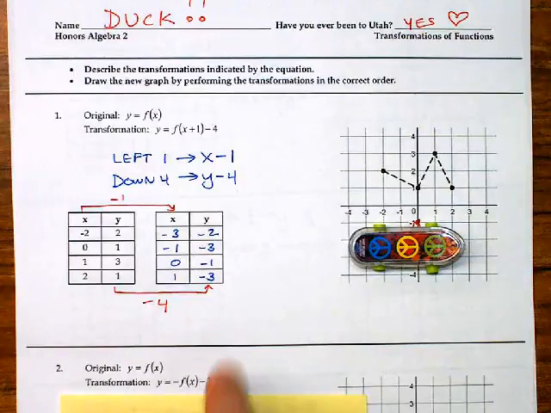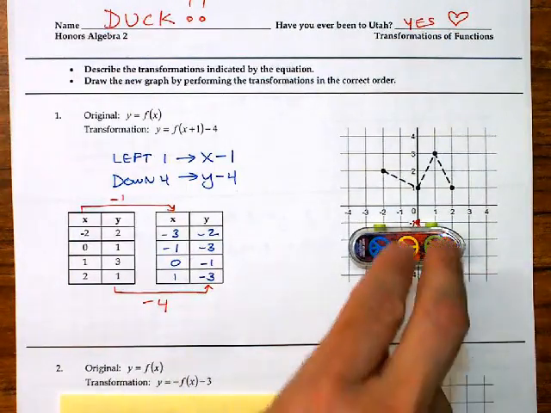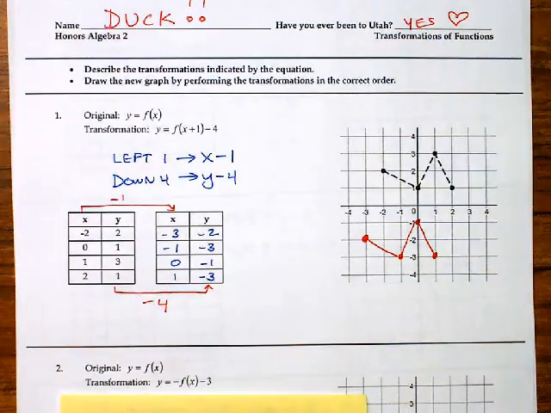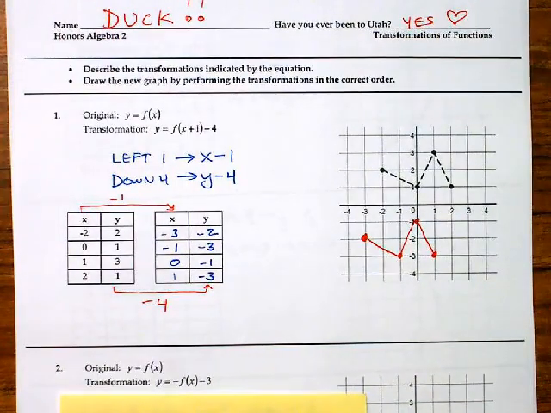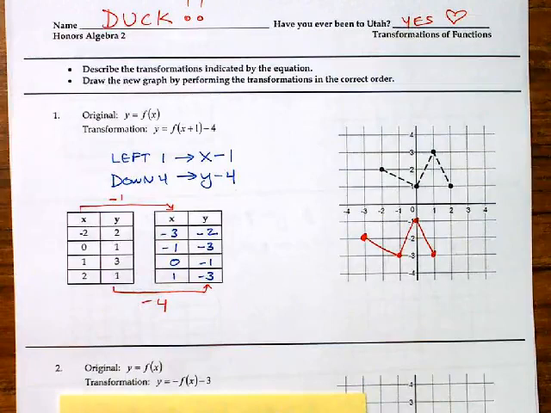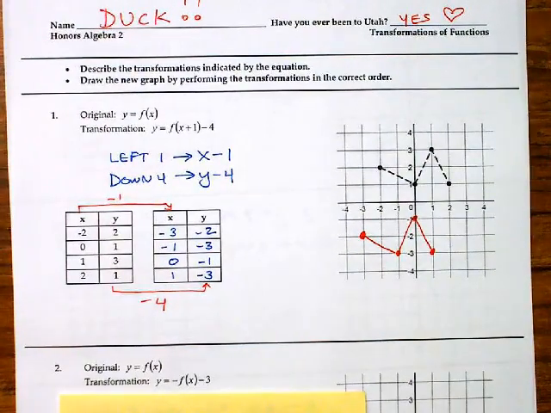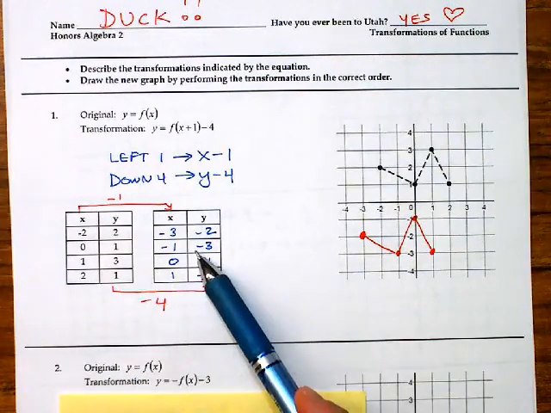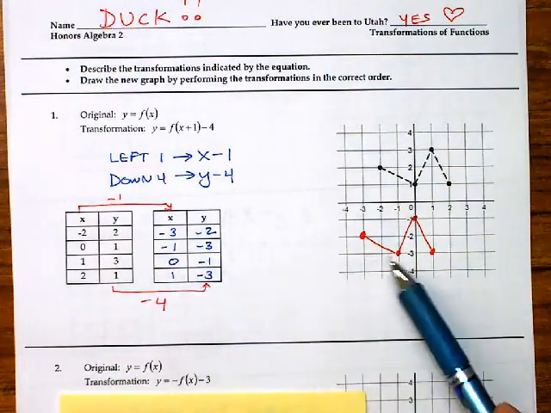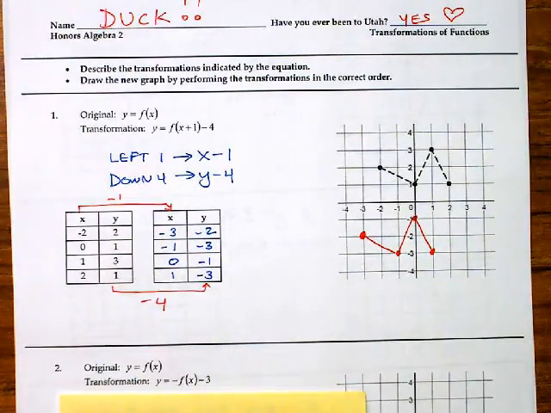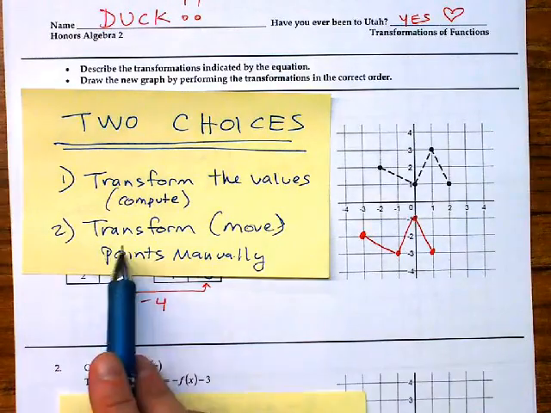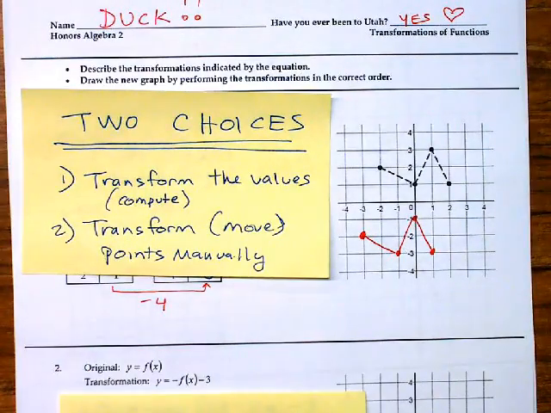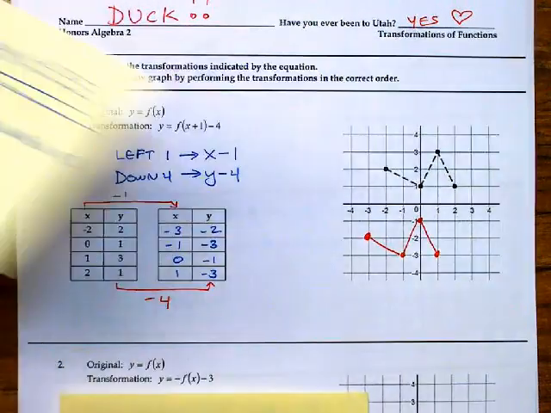I'm telling you, my friends, if you now plot these 4 points, we do see that new squiggle has been moved to its new home. So if you don't mind doing a little computation on these ordered pairs, you can do the transformations that way and then plot them.